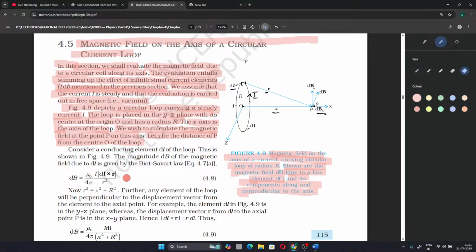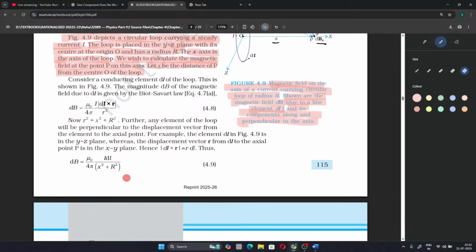And this figure depicts a circular loop carrying a steady current I. It's a steady, non-varying current, and this loop is placed in the xy plane, with the x-axis as the axis of the loop. We wish to calculate the magnetic field at a point P on this axis, and let x be the distance of P from the center of the loop.